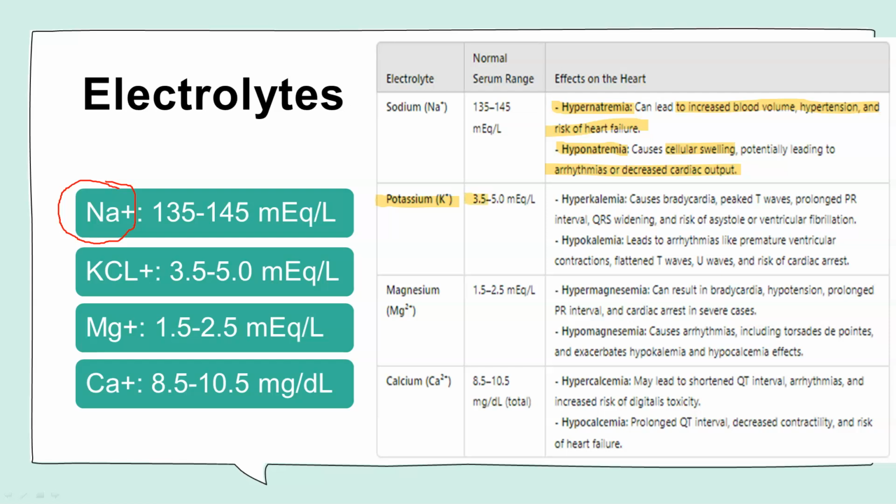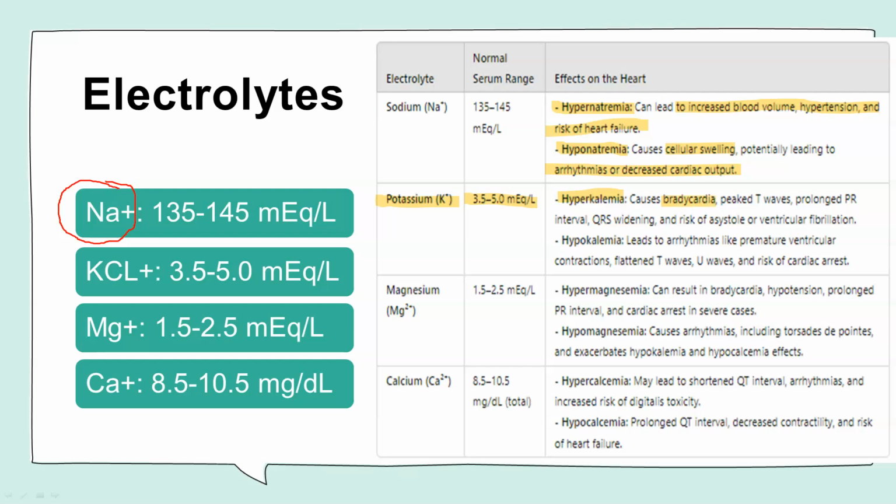Potassium will probably be the one that you see or have the most trouble with. We tend to give a lot of K-runs. Hyperkalemia can have a profound effect on your dysrhythmias, or on your rhythm, I should say. It can cause bradycardias.